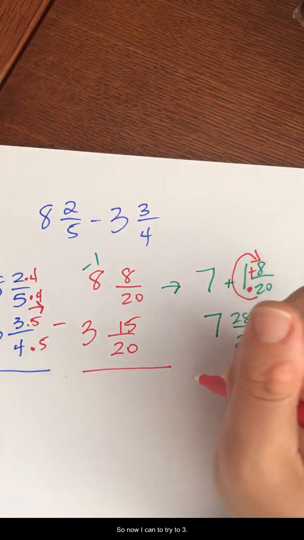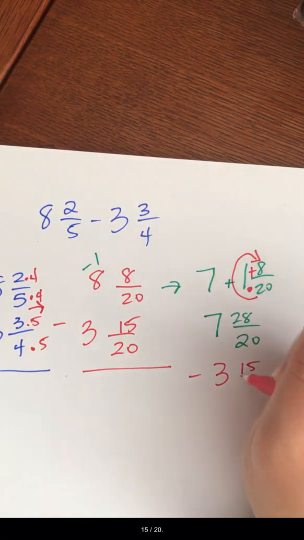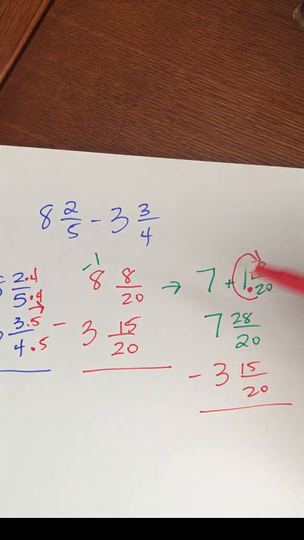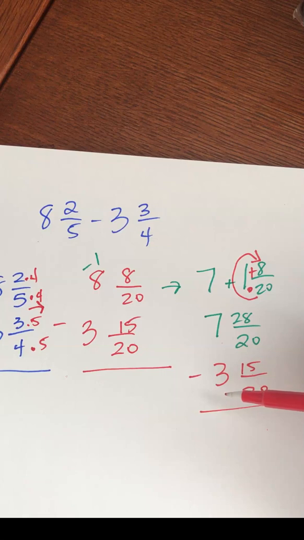So now I can subtract 3 15/20. So 7 minus 3 is, hold on a second. Okay, hold on.